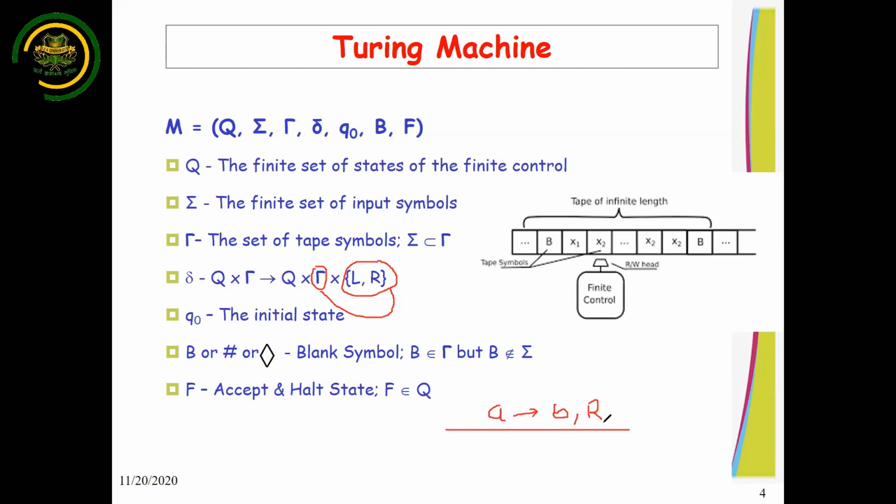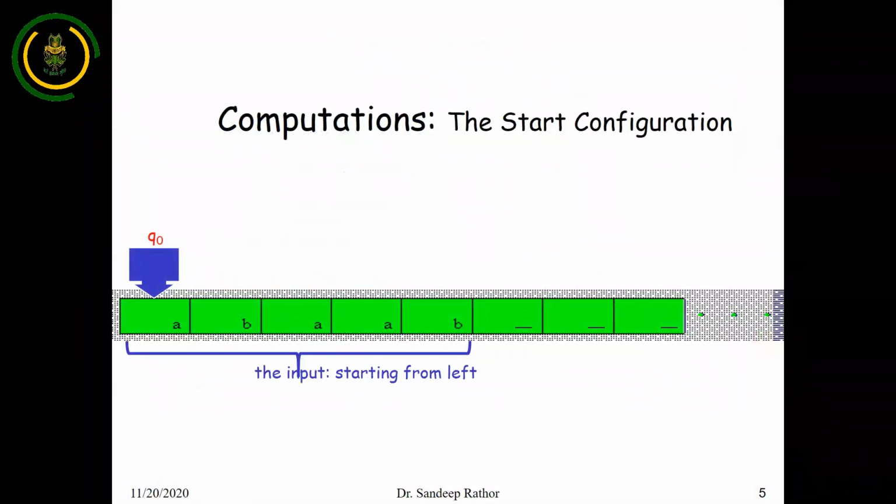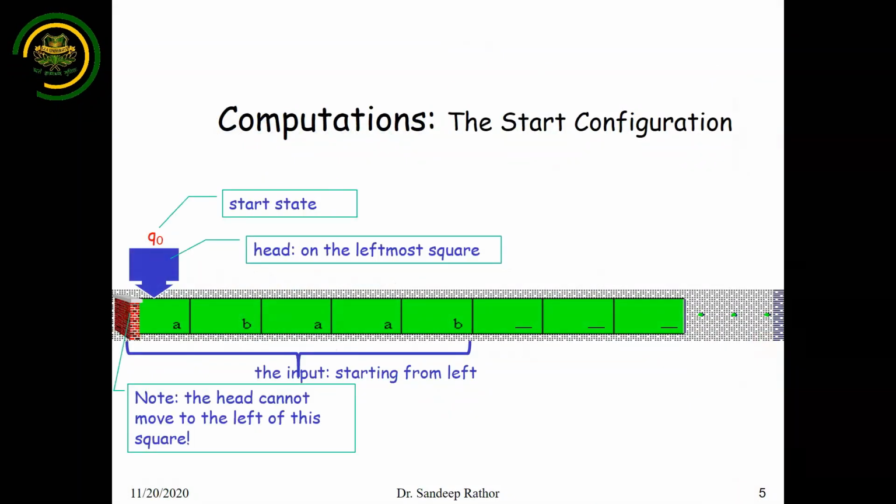Second is the symbol you are writing in that place. And third is the direction of the head after this transition, left or right. So this is the basic entity that you should keep in mind at the time of constructing the Turing machine. Now, you can see here, this is the simple way to place the string or input into the input tape.